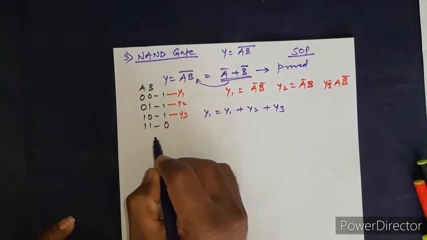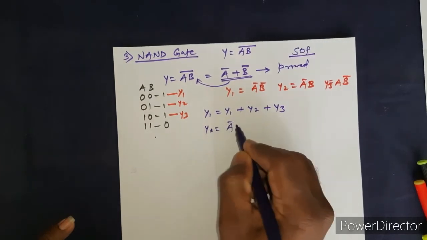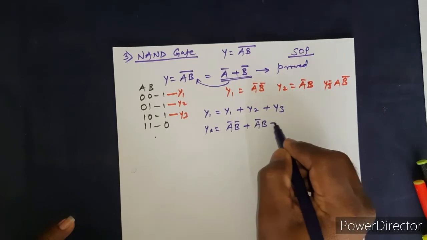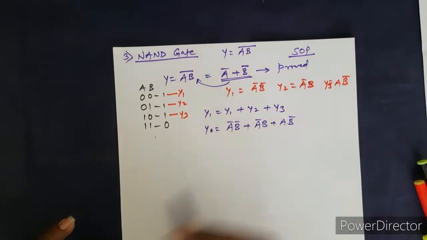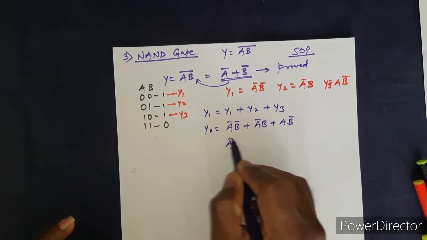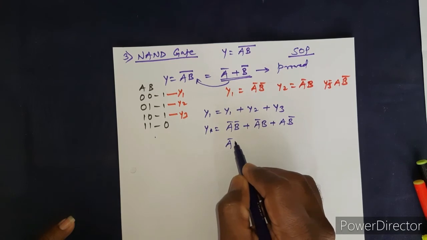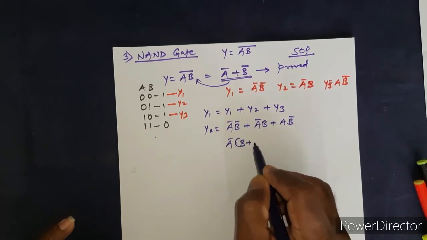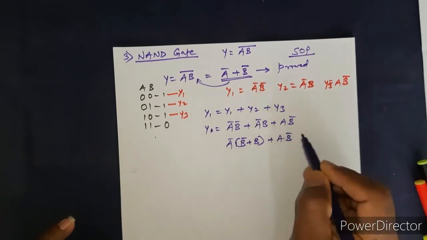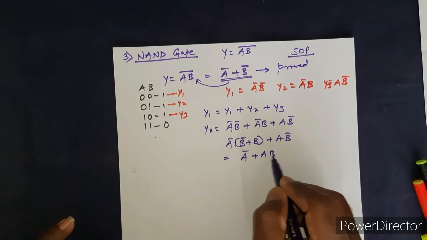So this becomes y equal to a bar b bar plus a bar b plus a b bar. Again taking a bar common, a bar (b bar plus b) plus a b bar. So this becomes a bar plus a b bar.